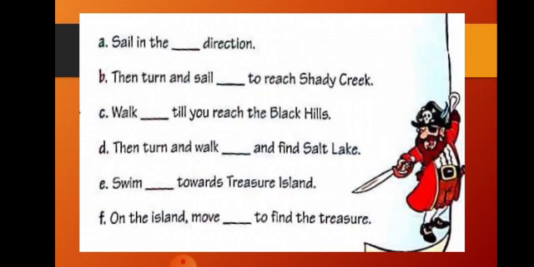In A, you have to write NE, that is northeast. B, write NW, that is northwest. C, write N, that is north. D, write E, that is east. E, write S, that is south. And F, write SW, that is southwest.